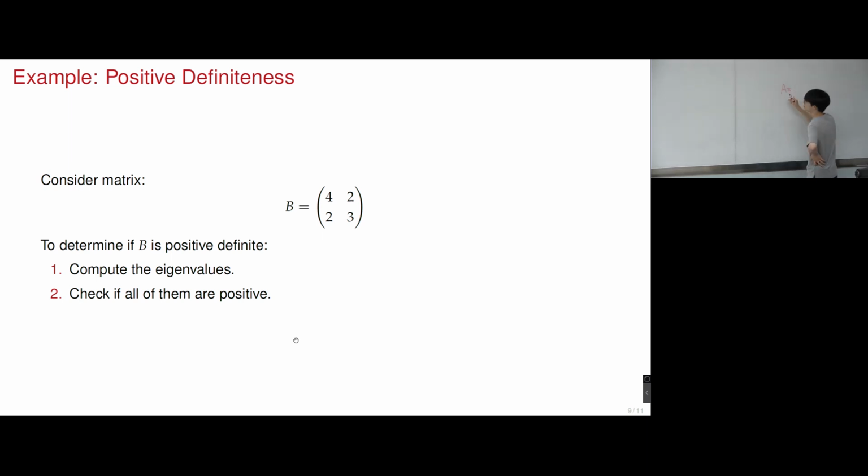Let's assume that A is an n by n matrix, and x is an n by 1 matrix, and we think about x transpose, which is a 1 by n matrix, right?